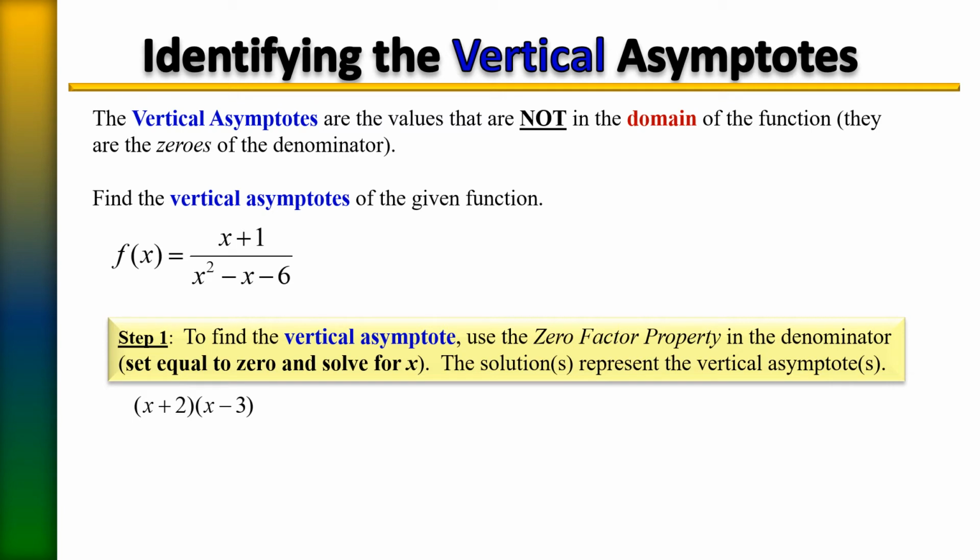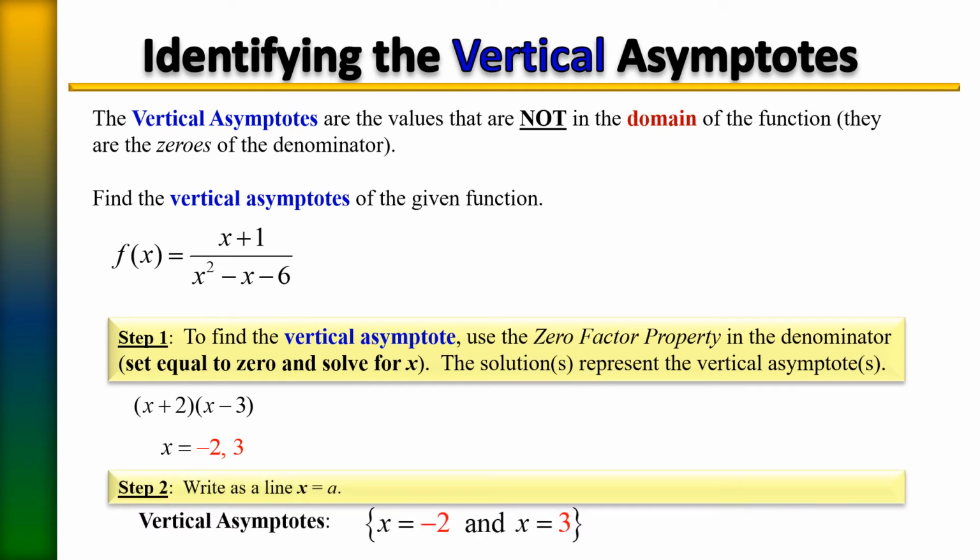And now once we solve for x, we'll see that x will equal negative 2 and 3. So in this particular rational function, we're going to have an asymptote located at x equals negative 2 and at x equals 3.